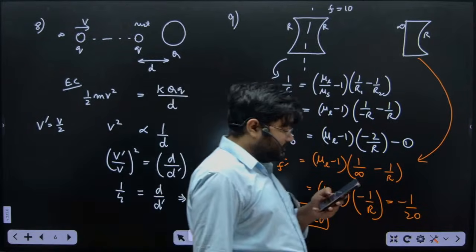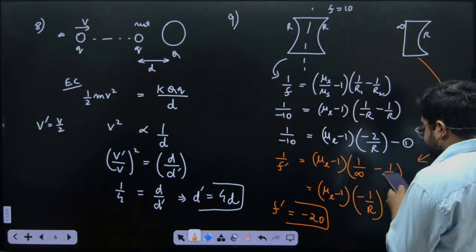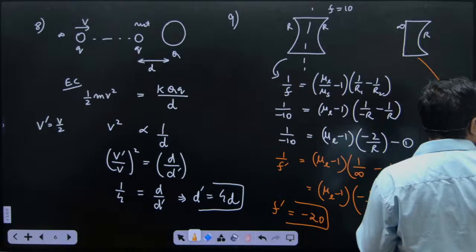This seems to be the correct answer here, −20, and in the options +20 is given, so option A seems to be the correct one.